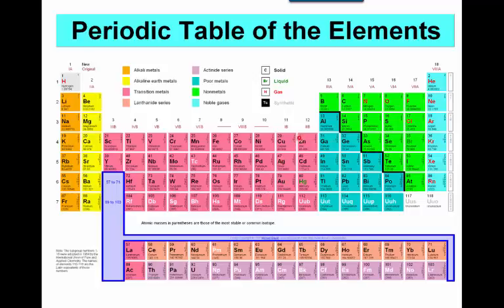And you will find out that they all have very few, or maybe only 1 electron in their valence shell. Our semiconductors, which we'll talk about later in the semester, tend to be over here, like silicon, gallium, germanium. These are all things that you make integrated circuits out of.